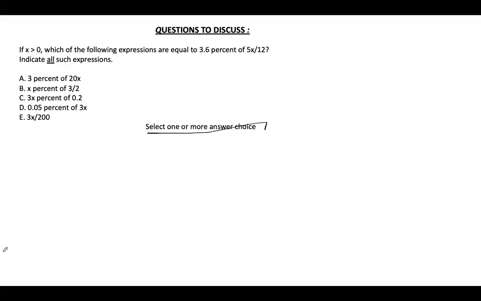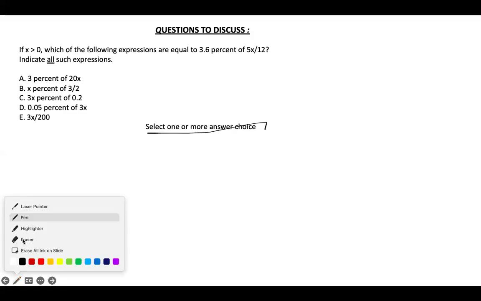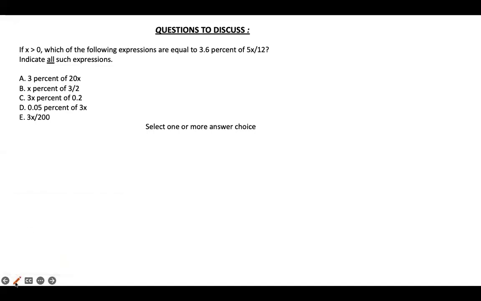So let's discuss. What is the question saying? The question is saying that x is greater than 0. x is positive. Which of the following expressions is equal to 3.6% of 5x by 12?